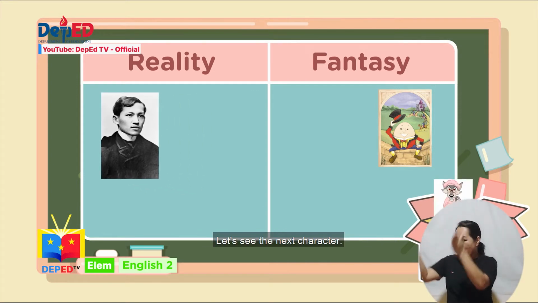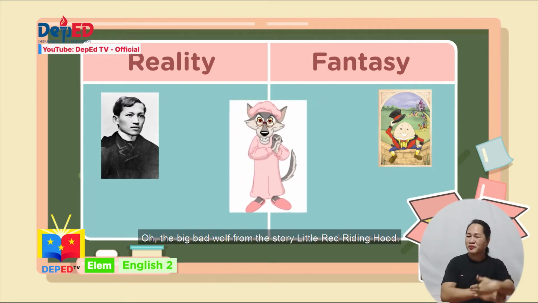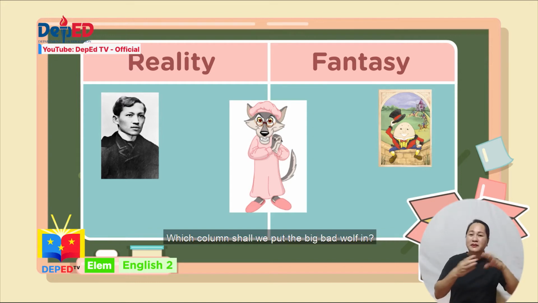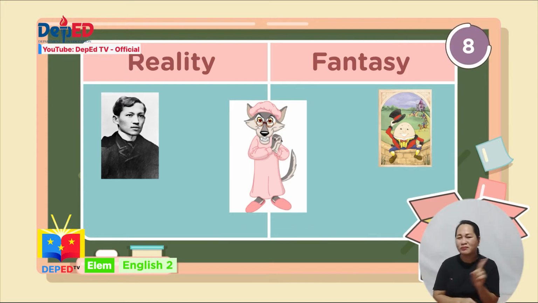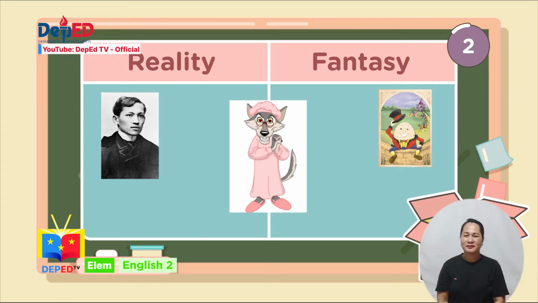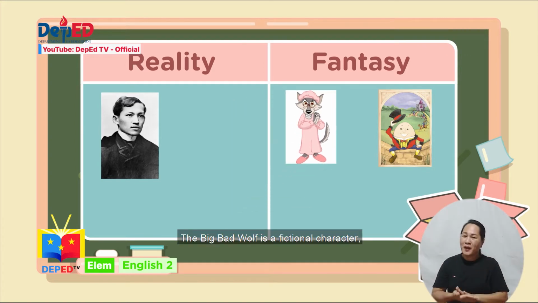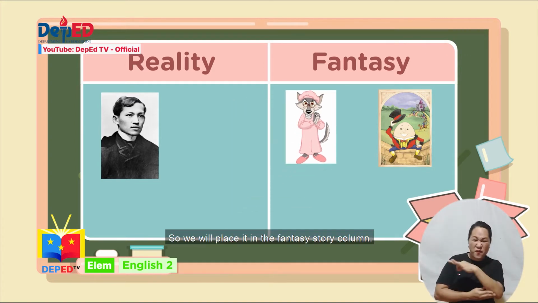Let's see the next character. Oh, the big bad wolf from the story Little Red Riding Hood. Which column shall we put the big bad wolf in? Fantasy or reality? Nice! The Big Bad Wolf is a fictional character, so we will place it in the fantasy story column.